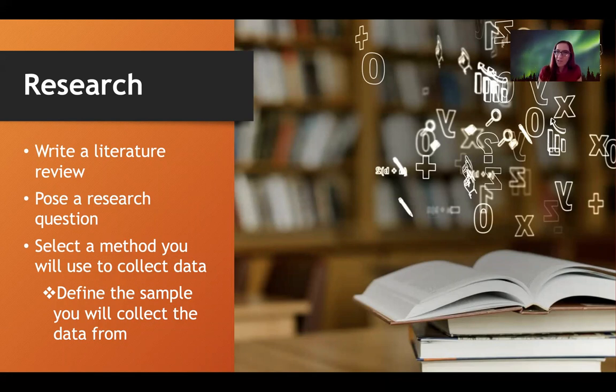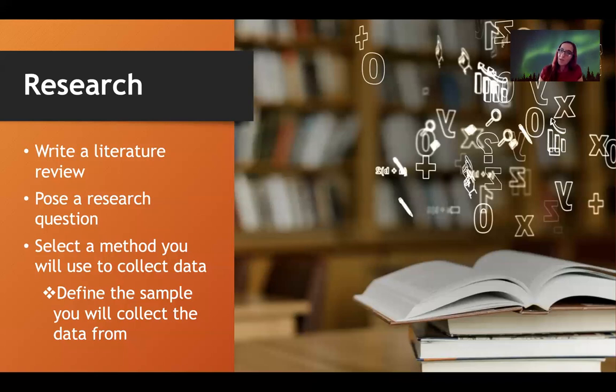What is the method that I should select? How am I gonna look for the literature? Well, you need to search for what other scholars had to say about the topic that you're exploring. So that means researching literature. Then you will write a literature review, pose a research question at the end, and then you will select the method. So that is your next step.